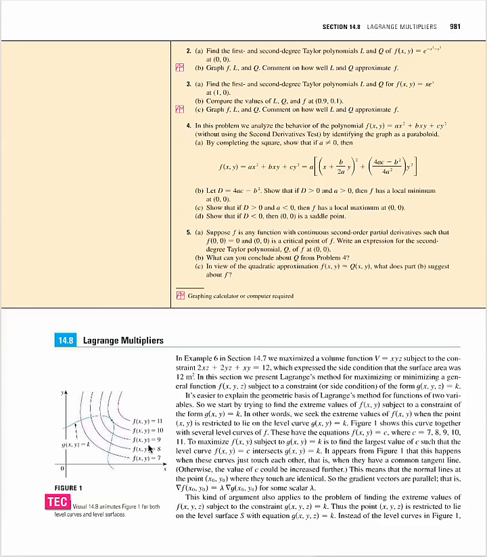The upshot of this development is that if I want to maximize the value of f along this curve, g of x and y equals k, I'm looking for a point where the level curves of f are parallel, are tangent to this curve, g of x and y equals k.